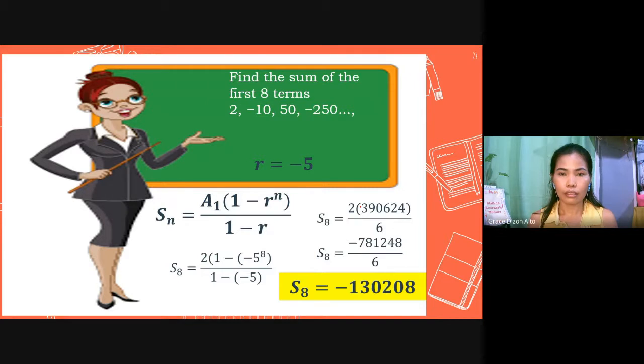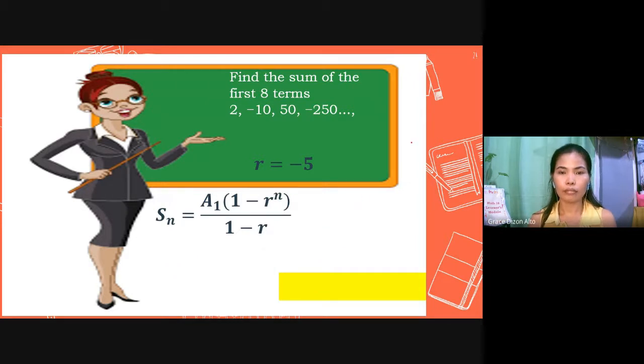All right, so the next one is find the sum of the 8 terms, positive 2, negative 10, positive 50, negative 250. The answer is negative 5 for the common ratio, but our n now is even.